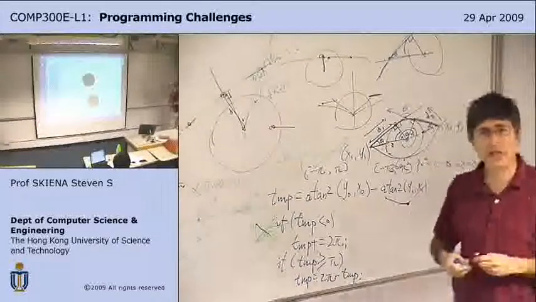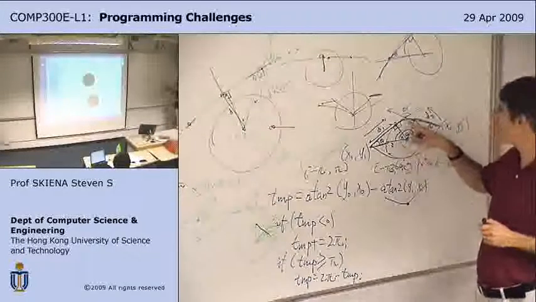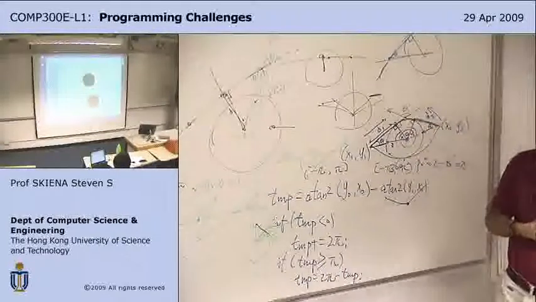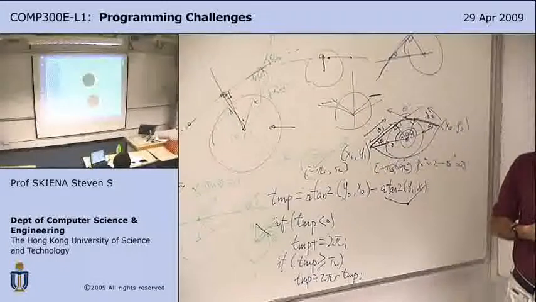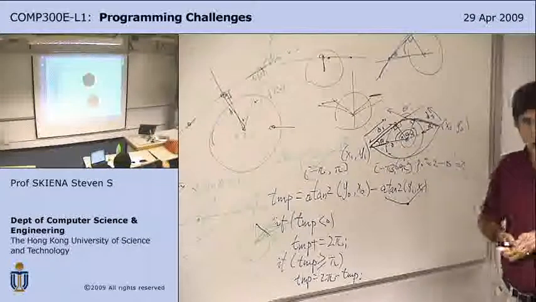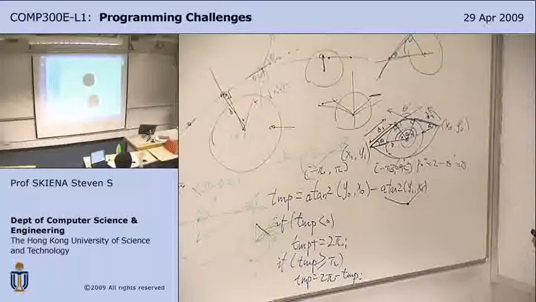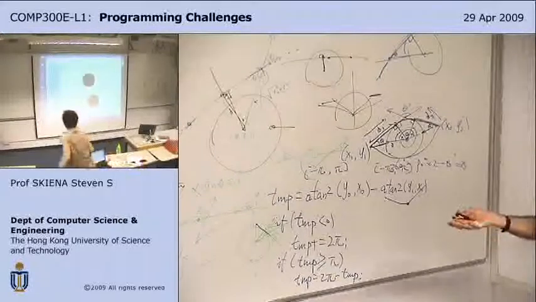Wait, so you're saying that the top part is always smaller than the bottom? Why is that? Because the angle between two vectors is smaller than pi, but for the bottom part, the angle between those two vectors is larger than pi. Okay? Go.